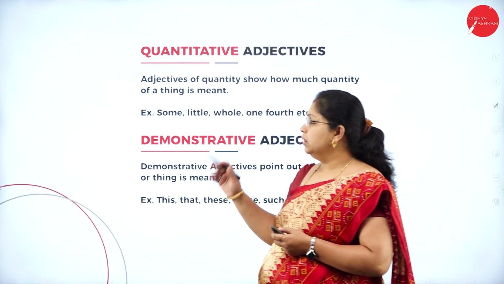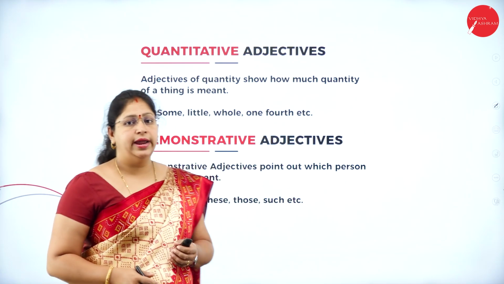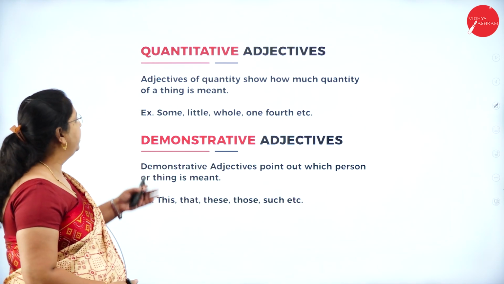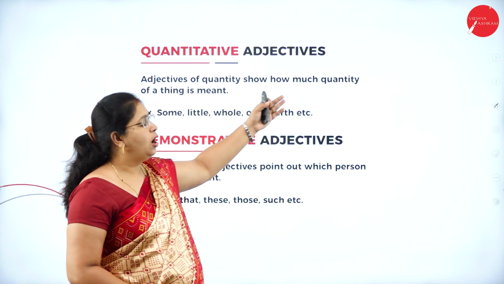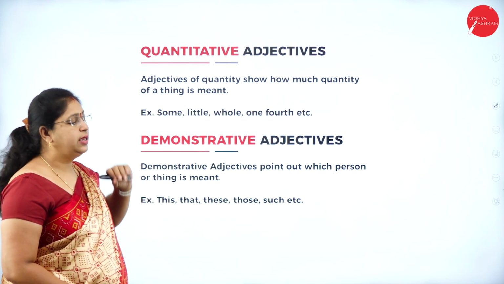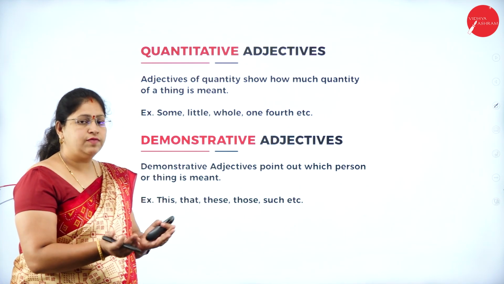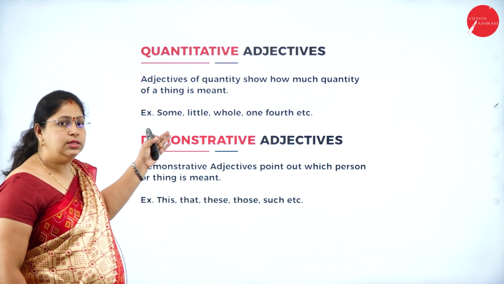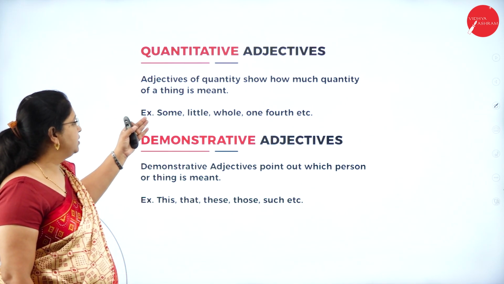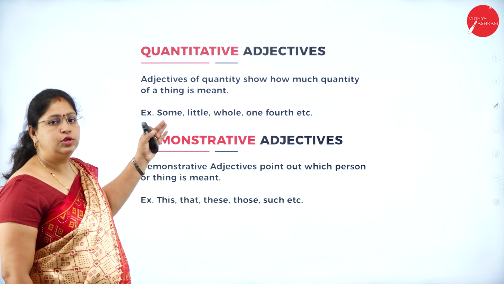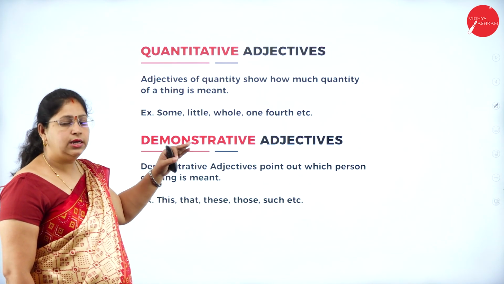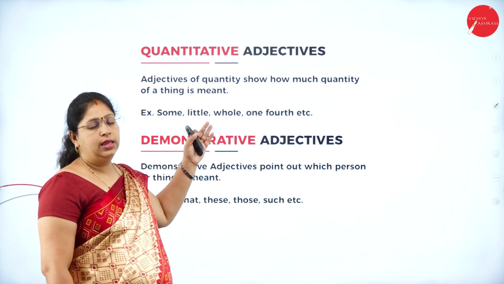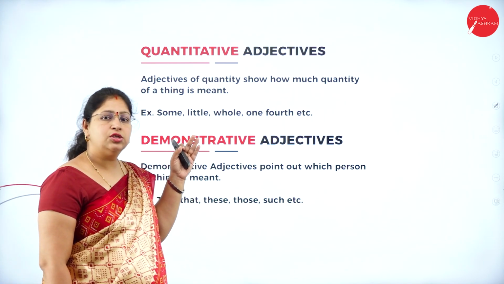Next, the quantitative adjective means it tells the quantity, how much it is, correct? Adjectives of quantity show how much quantity of a thing is meant. How much of the quantity is meant here is shown in the sentence using these words. Some of the examples are some. There are some students in the class. Then little. Give me a little piece of cake.